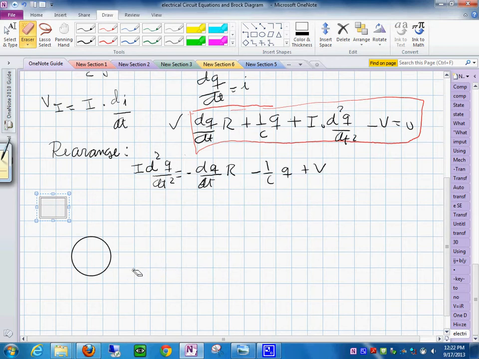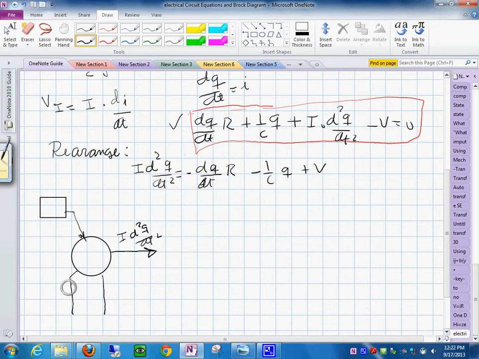I think it would be a good idea to write it down the way it comes out. So in here you have L times d squared q dt squared, and then we have the other terms like this.